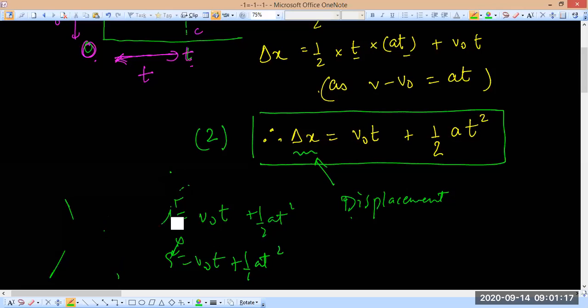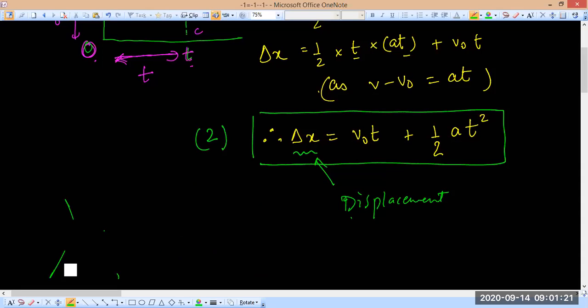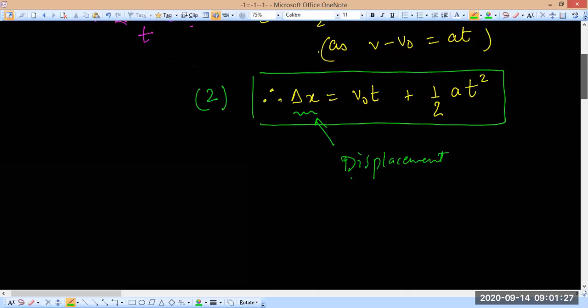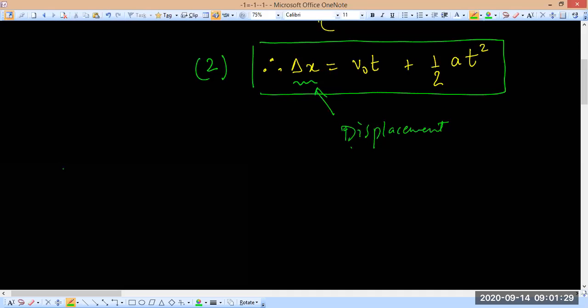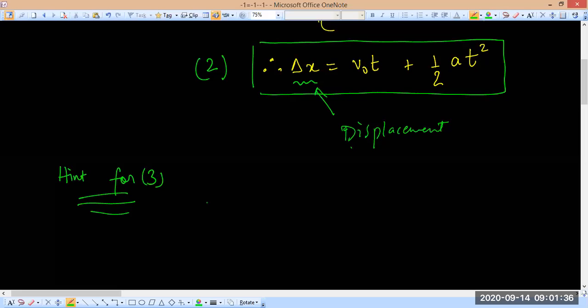Okay. So now that's the second equation. We're just going to stop over here. I will give you a hint for the third. How to derive the third, I'll give you a hint, and then we'll derive it tomorrow. Let's see whether you can do it on your own. So a little bit of challenging homework.